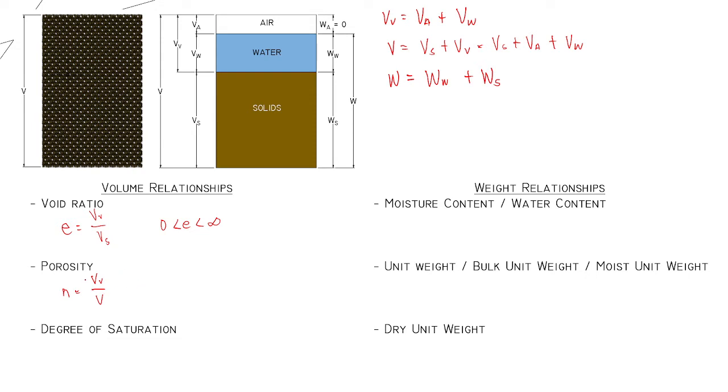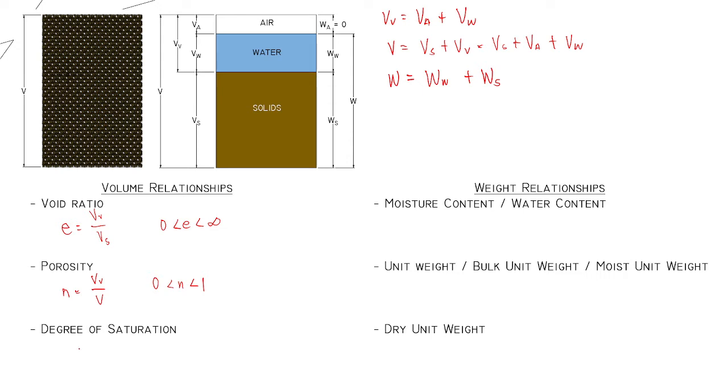And the volume of voids cannot be larger than the total volume of the soil, or it cannot be equal to the volume of the soil. So the range of the value for porosity is anywhere in between 0 and 1.